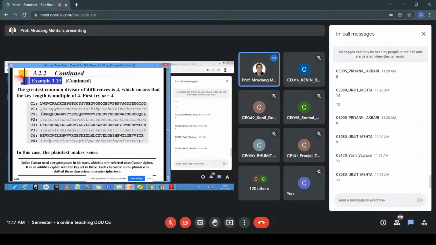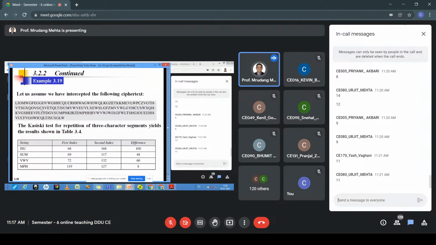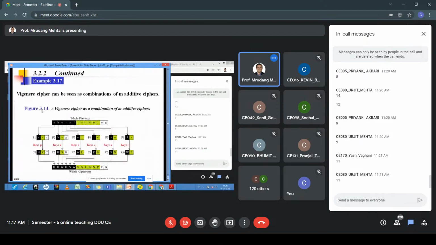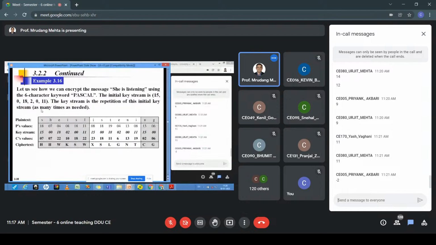Can you try? Because you already know the Vigenere cipher. So the cryptanalyst knows how the Vigenere cipher is applied. So what is the method of decryption for the Vigenere cipher? For the Vigenere cipher, this is encryption. What is the decryption? The method of decryption?